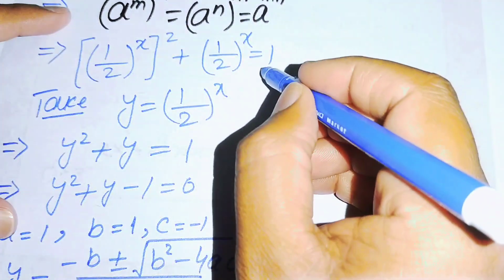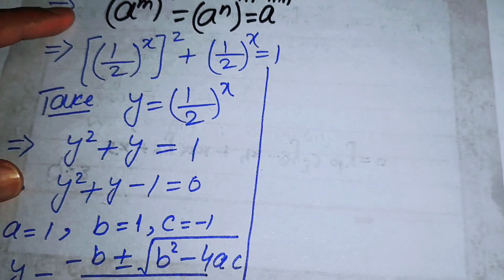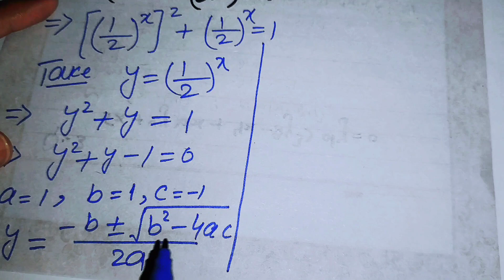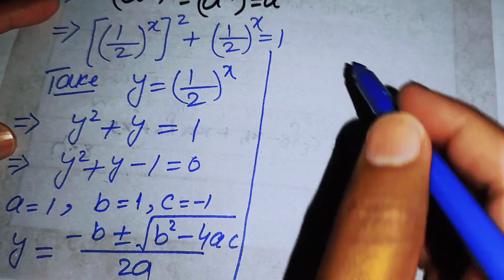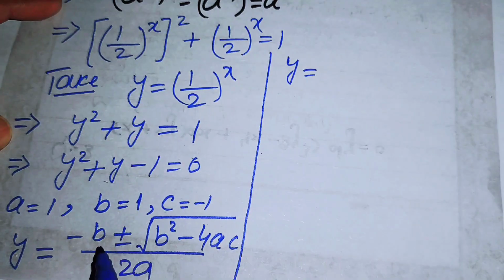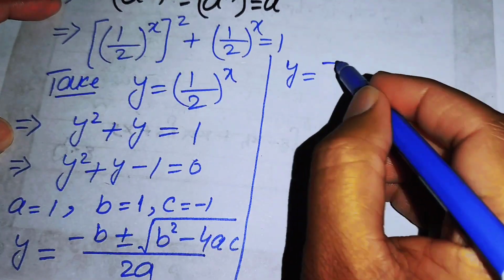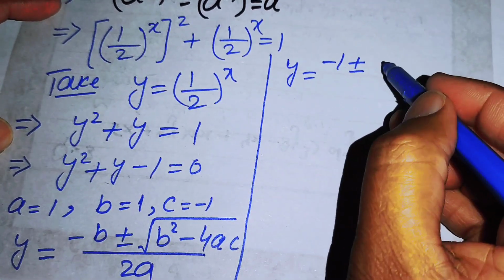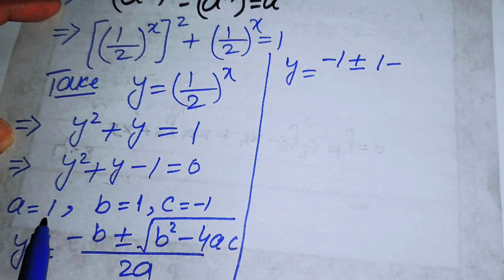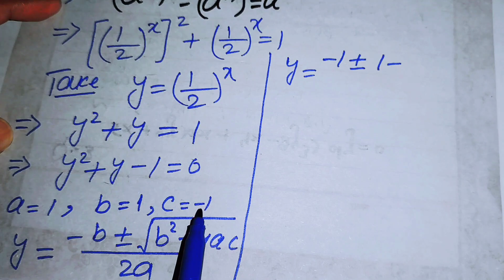So now we can replace all the values of a, b and c in this quadratic formula, and we will get y is equal to minus 1 plus minus square root of 1 square is 1 minus 4 times a and c, and the value of a is 1 and the value of c is minus 1.